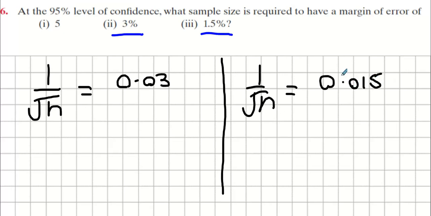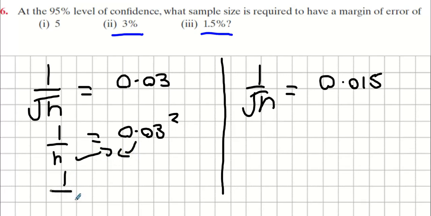And you have to find out the n value as well. Now, square both sides. And then bring the n up and the 0.03 downwards, because n is division on the left, which makes it multiplication on the right. And you've got 111.1. I'll just call it 111.